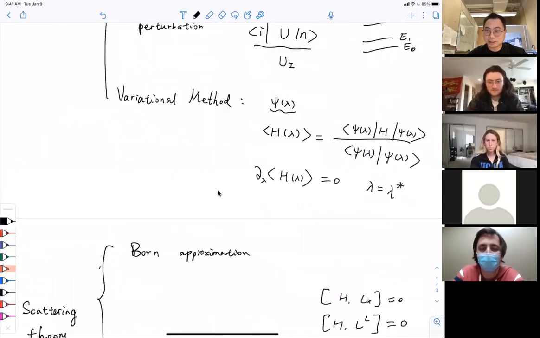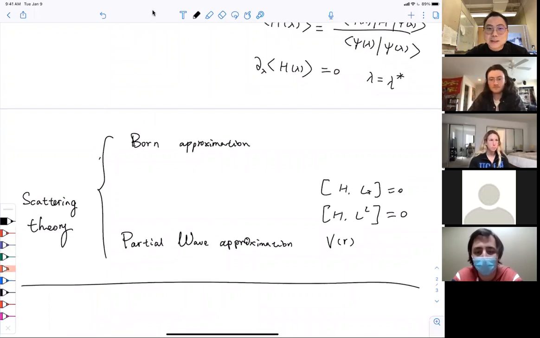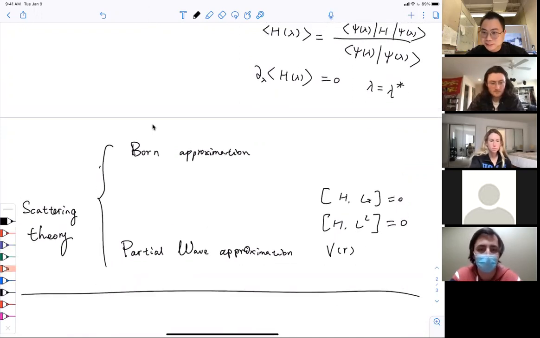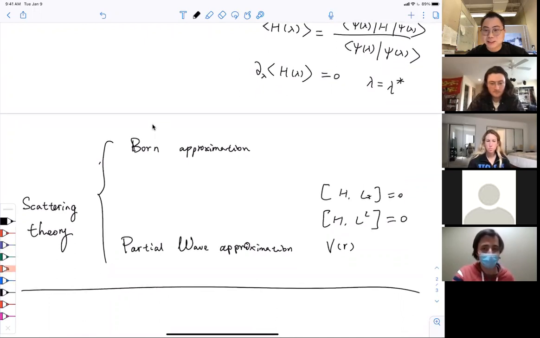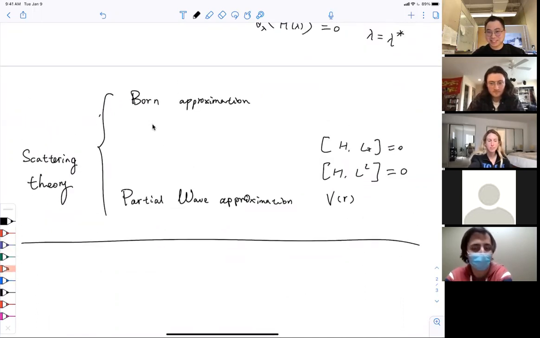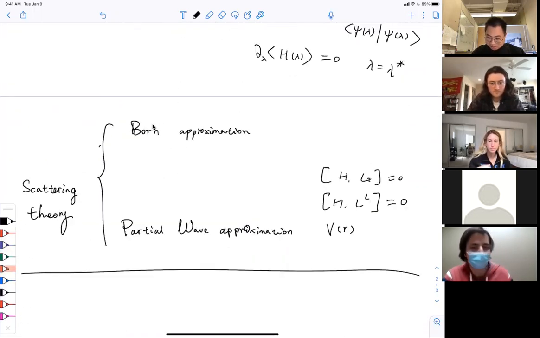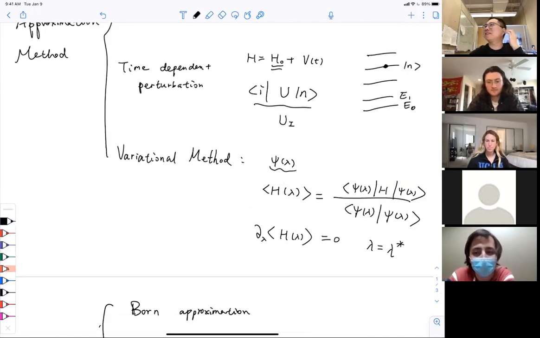From where I lost my connection? You said the Born approximation, and you wrote down the Hamiltonian commutation relations, then you cut out. Okay, that's good. It was only for a second. I don't know what's wrong with this.